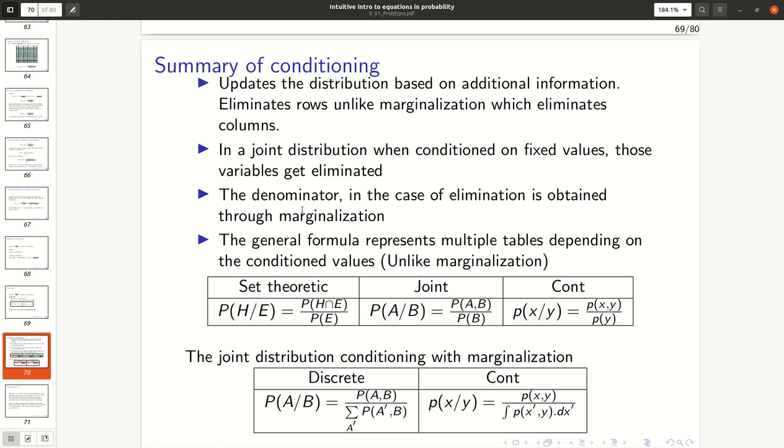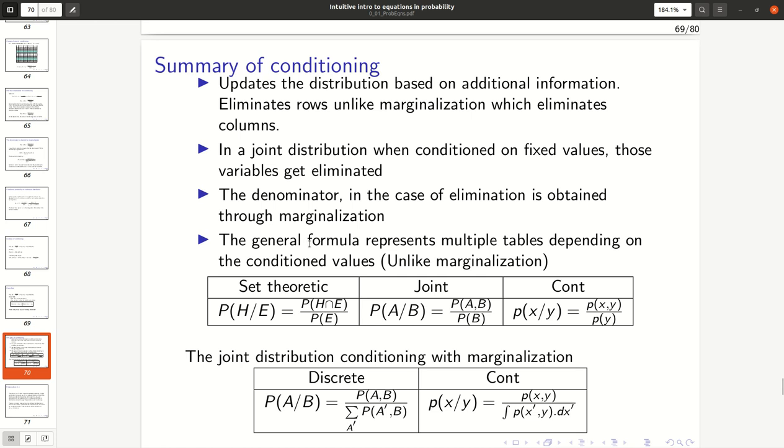The denominator in the expression of conditioning under such an elimination is obtained through the expression for marginalization.